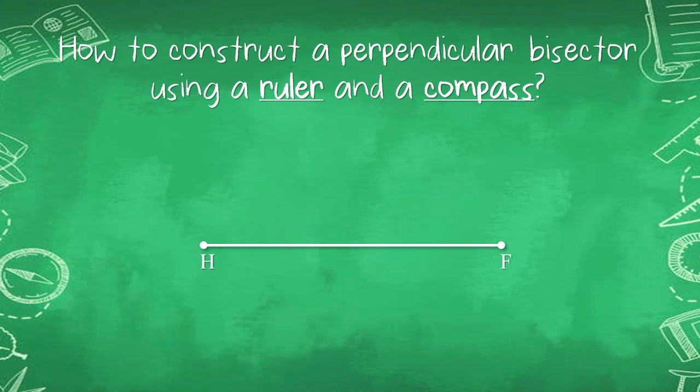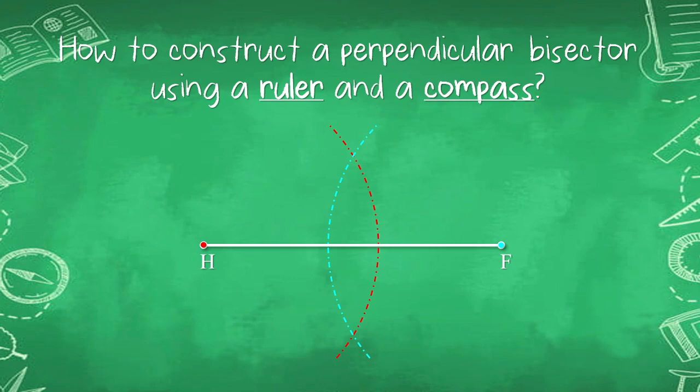Second step, place the tip of your compass on one end of the segment and draw an arc occupying more than half of the segment, shown in red. Third step, repeat the previous step on the other end of the segment without changing the opening of your compass, as shown in blue.